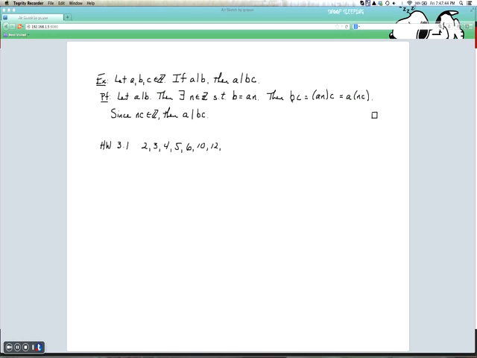Some of these have some parts to them too. Then 17, 19, 20, and 21. Those are the problems that we'll try to work in class on Tuesday.